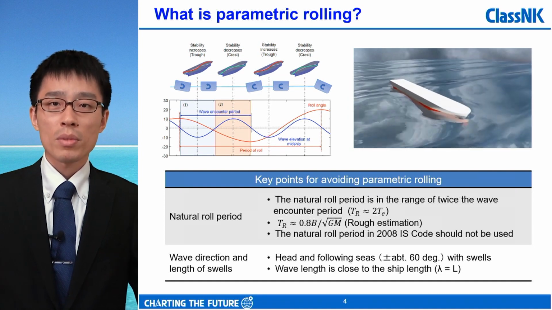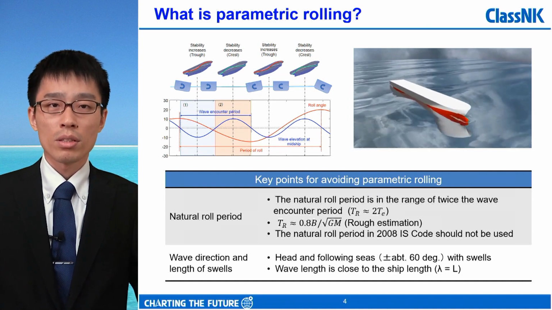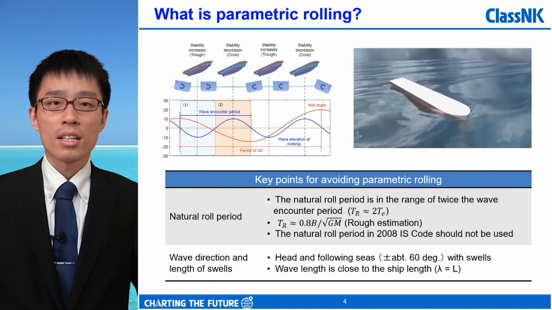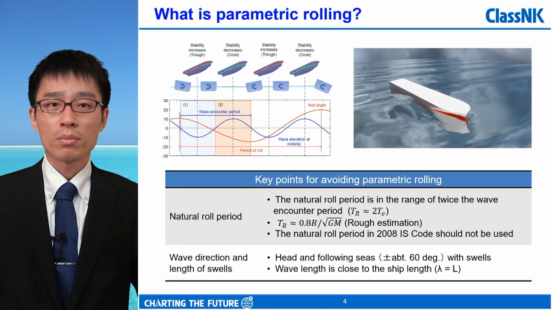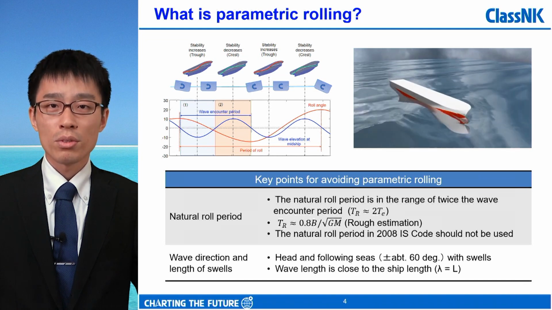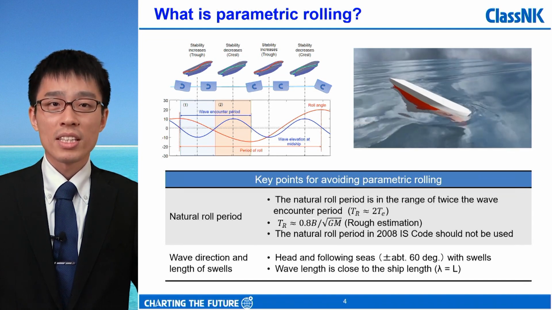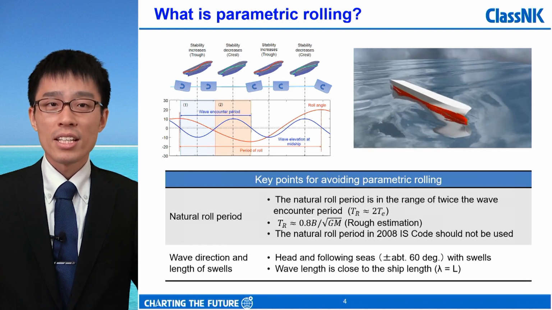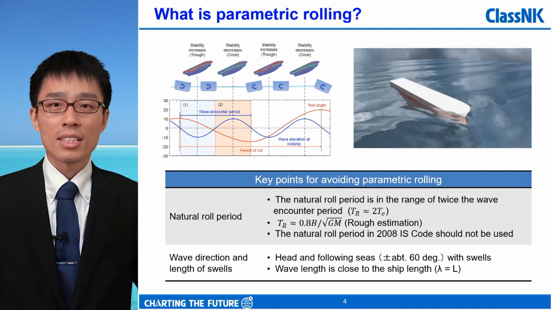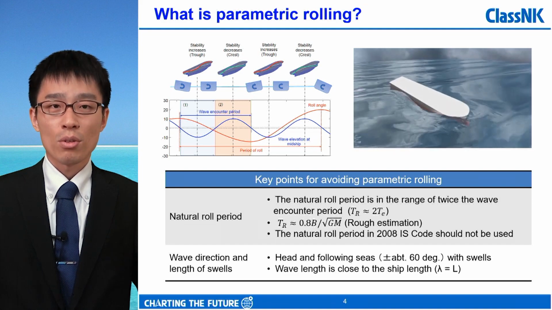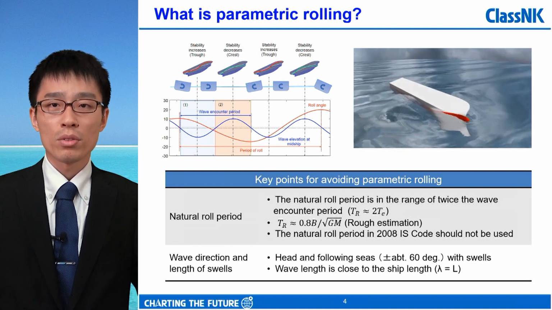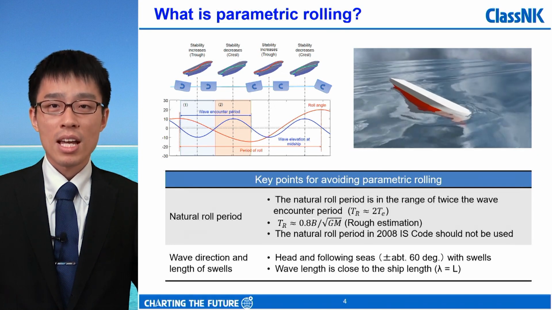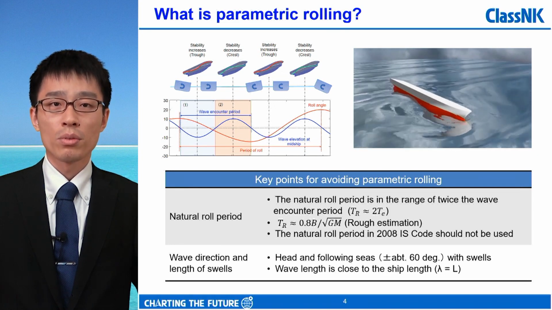In general, parametric rolling is more likely to occur when the natural roll period is in the range of twice the encounter wave period. So it is important to estimate the ship natural roll period. And here, it should be noted that the current IS code formula for natural roll period should not be used for especially large vessels, as it is estimated too low.